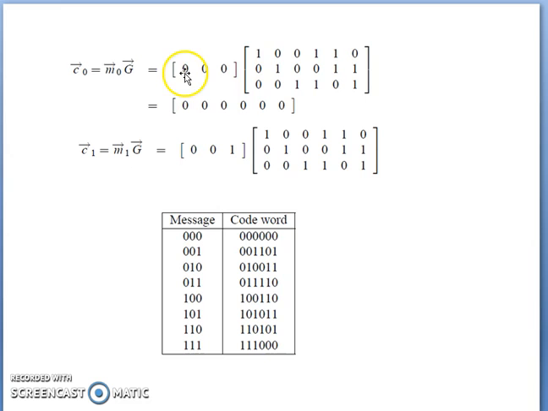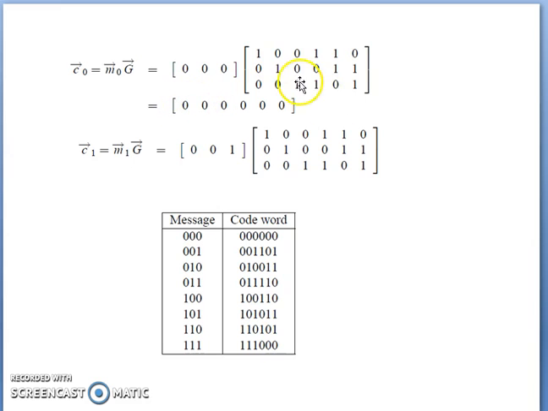You multiply the row and column and add those multiplications, because there will be 3 multiplications: 0 into 1, 0 into 0, and 0 into 0. So 0 multiplied by 1 becomes 0, 0 by 0 is 0, 0 by 0 is 0. The addition of these 3 multiplications, 0, 0, 0, is 0. So this is the first bit of your code word.